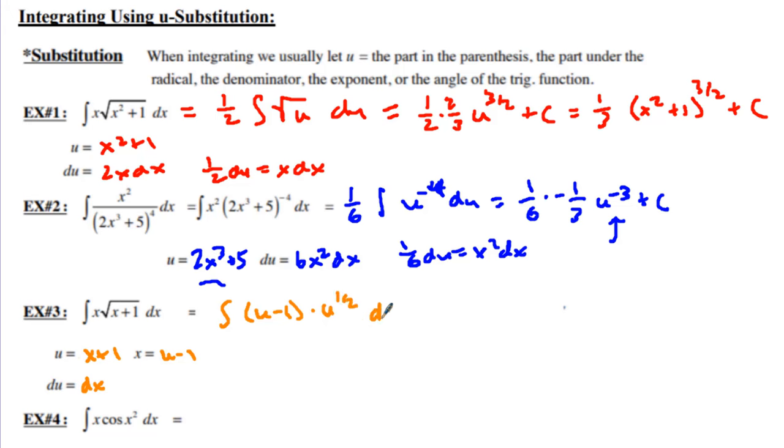And our du is equal to the dx. You can see I can distribute now and have u to the 1st power times that 1/2 power. That gives you u to the 3/2 power minus u to the 1/2 power du. And now I can go and integrate, and substitute back in u at the end.